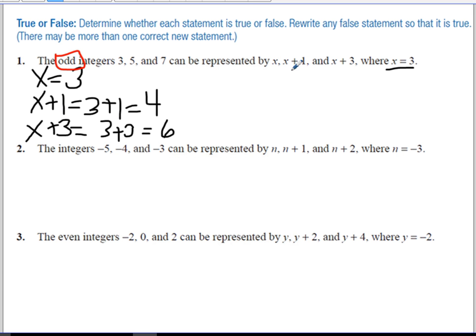And so we're supposed to be using x plus 2 and x plus 4. That's the pattern we're supposed to use because 3 plus 2 is 5 and 3 plus 4 is 7. So this is false. Even though we're counting odd integers, we still have to add multiples of 2 to get to the next odd number.